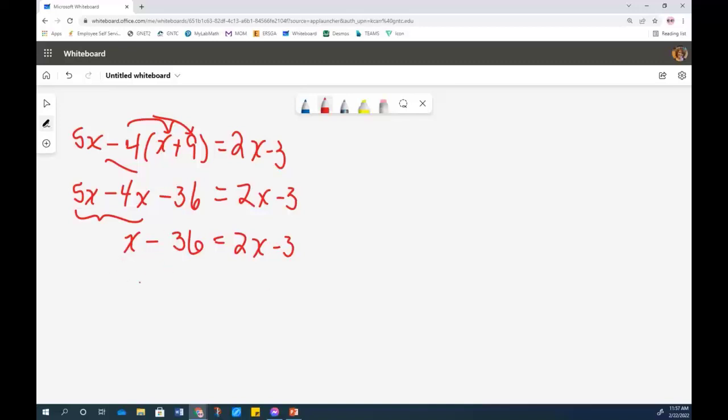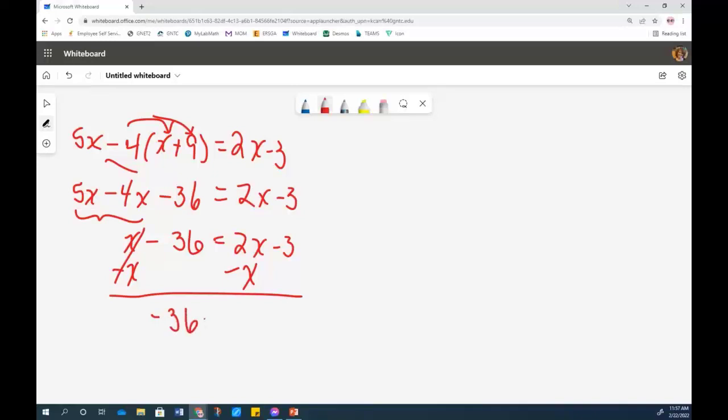So I can either subtract x from both sides, or I can subtract 2x. I'm choosing to subtract x so that I don't have a negative value. Not that I wouldn't get the right answer anyway, but I find that almost all of us make more mistakes with negatives. So my x's now have gone away on the left.